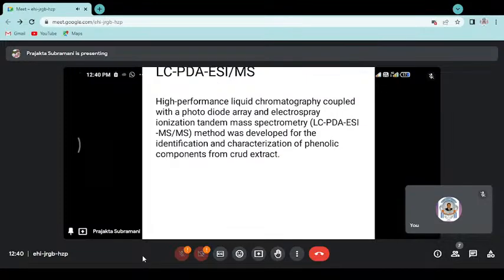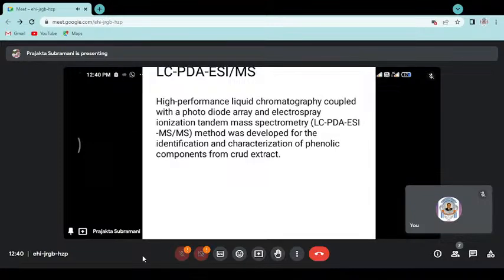Then LC-PDA-ESI-MS: liquid chromatography is coupled with two spectroscopic techniques, PDA and mass spectrometry. The separation is done by high performance liquid chromatography, coupled with a photodiode array detector as well as electrospray ionization tandem mass spectrometry. ESI is used as the ionizer in tandem mass spectrometry.